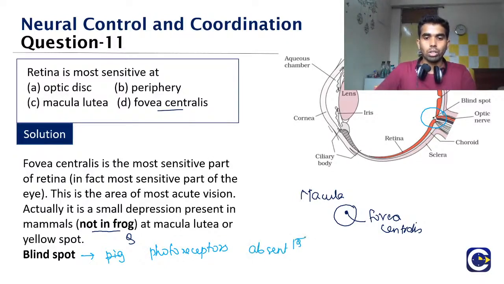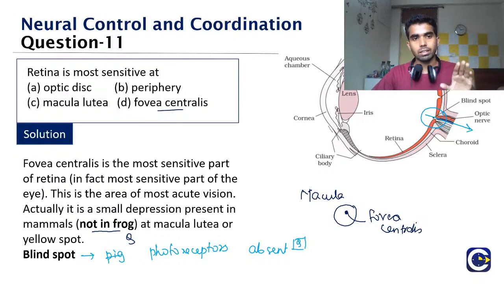So why are the photoreceptors absent? It is because this is the region where the nerve has to go out. So the optic nerve goes out of the eyeball through the blind spot, and the blood vessels enter the eye through the blind spot, and that is why this area has to be empty.